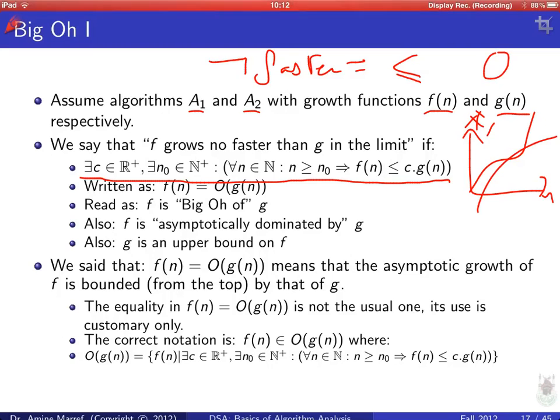Existential and universal quantifiers, okay? So this is saying that there is a positive real number c, and there is a positive natural number n0, such that for all natural numbers which are greater than or equal to n0, f of n is going to be less than or equal c times g of n. Okay?